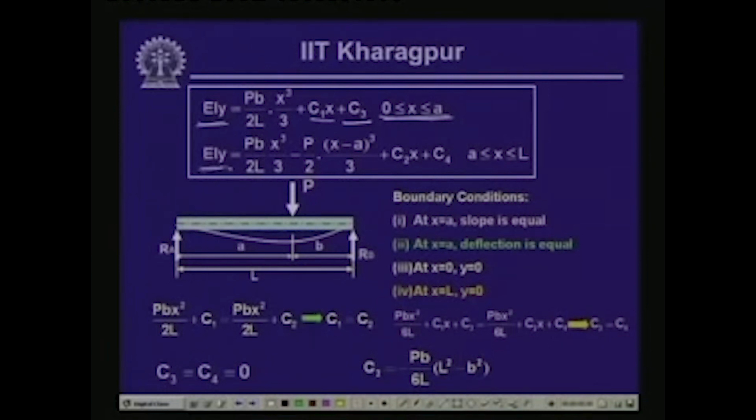Subsequently, the second expression yields EI y is equal to Pb by 2L times x cube by 3 minus P by 2 times (x minus a) cube by 3 plus C2 x plus C4. So, another two constants C3 and C4 have come in after integrations, and the validity of this expression is for x between a and L.